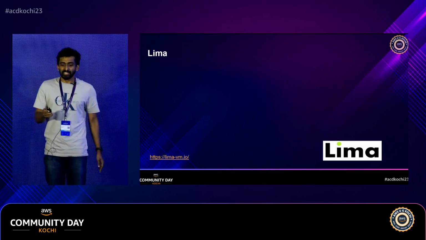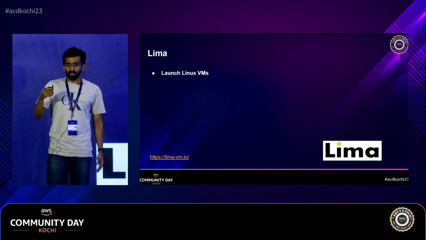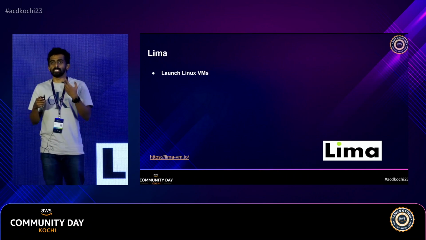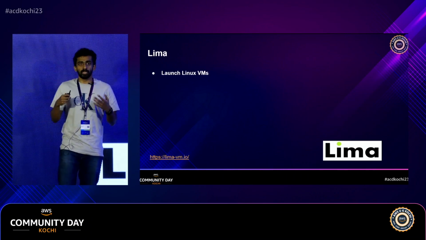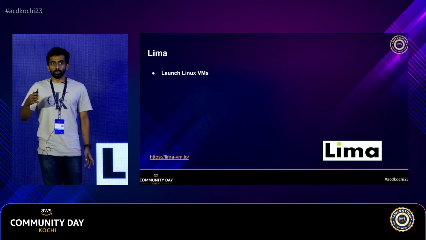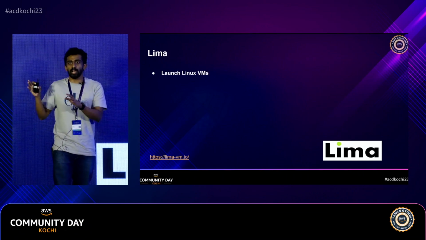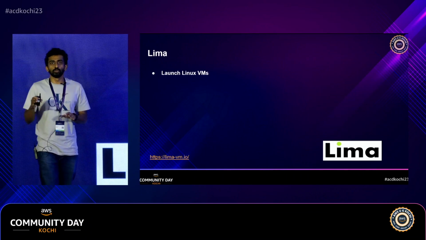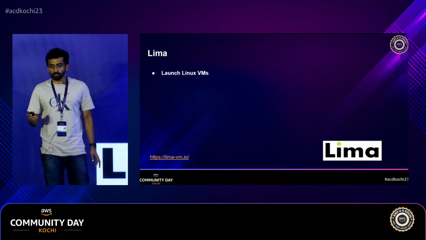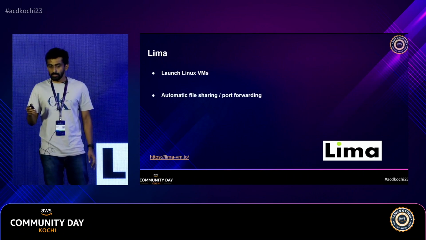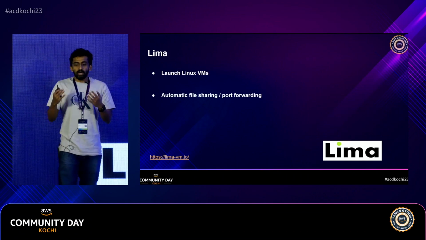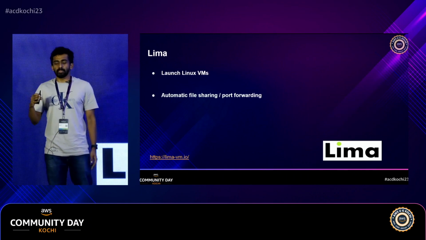Lima basically launches a Linux VM using the QEMU hypervisor. If you have heard about QEMU, that's another open source tool that is used to launch hypervisors. And Lima helps with automatic file sharing and port forwarding.